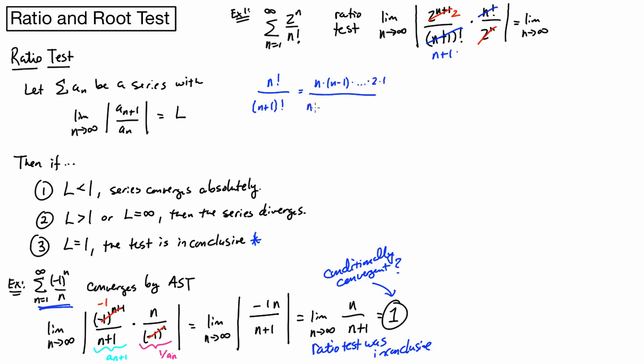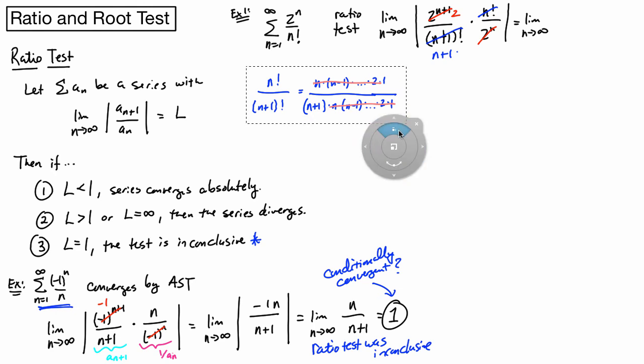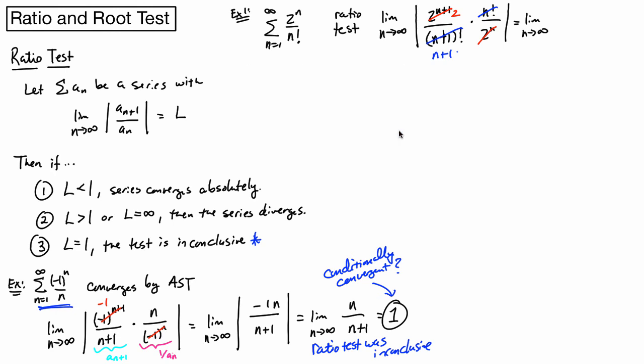This is n plus 1 times n times n minus 1 all the way down to 1. And so you can clearly see here that all of this will cancel with all but the first term of this, leaving the n plus 1 that we have here. This is just a little bit of scratch work, but that's exactly what you should be seeing when you cancel factorials like this. That leaves a 2 in the top and an n plus 1 in the bottom.